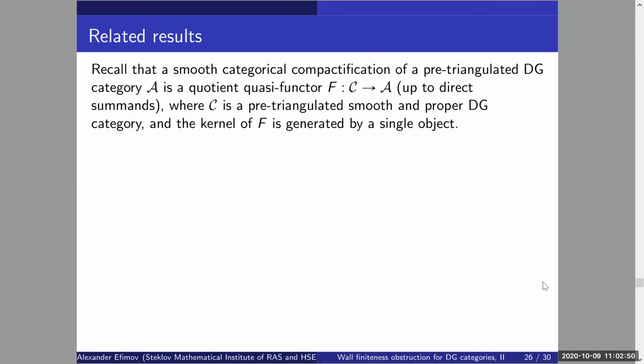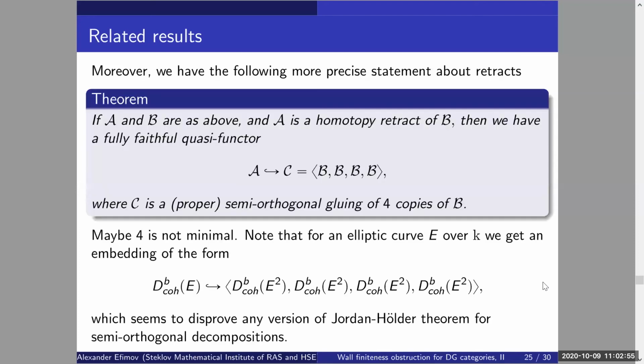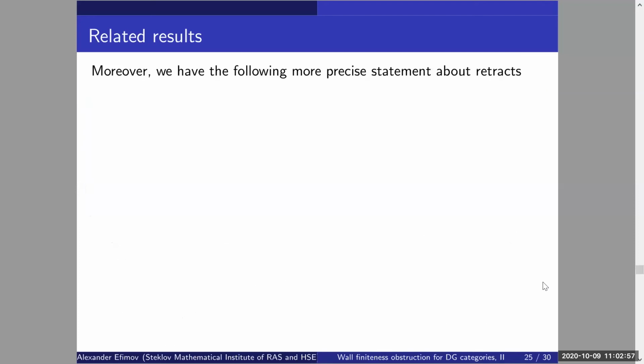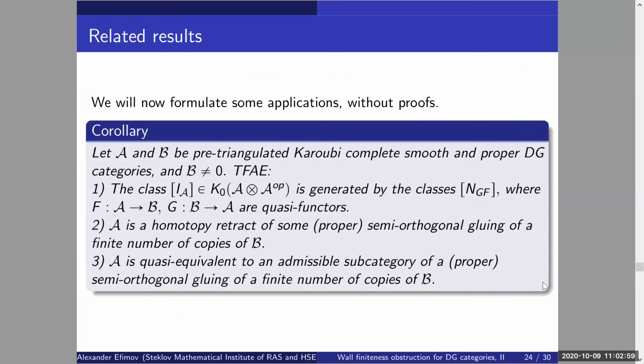Yeah, and now I want to mention this. I forgot to say that this result about a pair of smooth and proper categories and these conditions gives in particular a criterion for when a smooth and proper category is geometric. It's not completely explicit, but it says that the only obstruction is again on the level of K0.